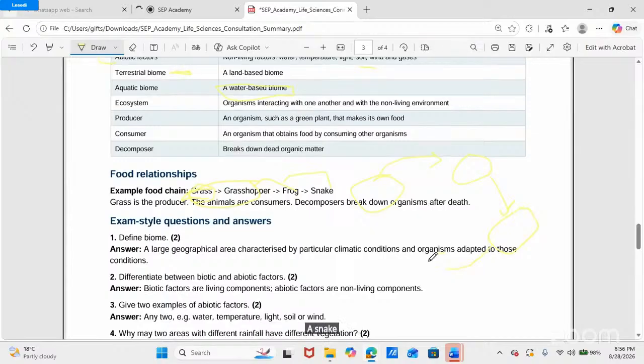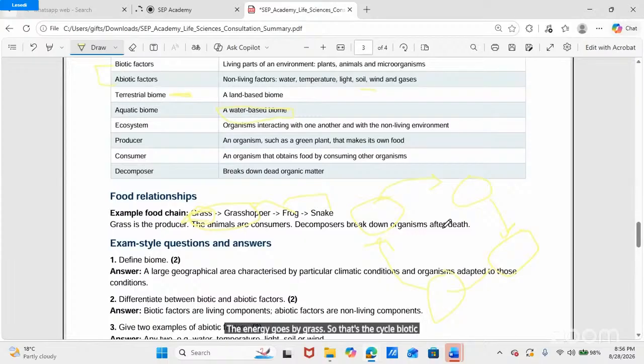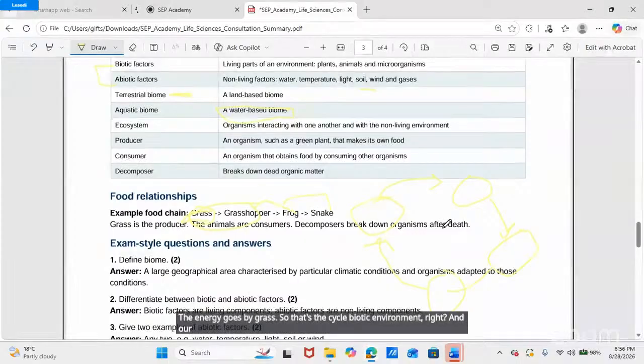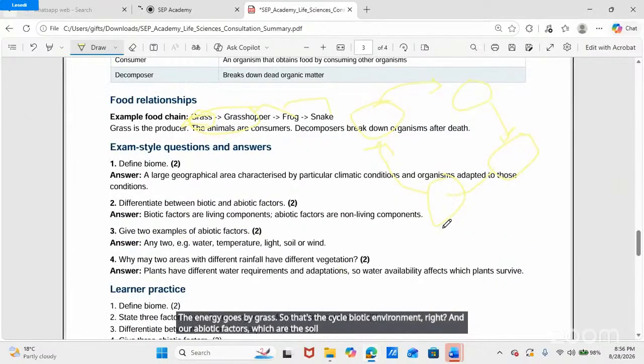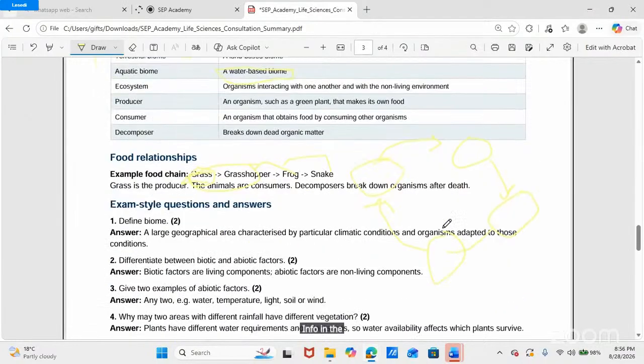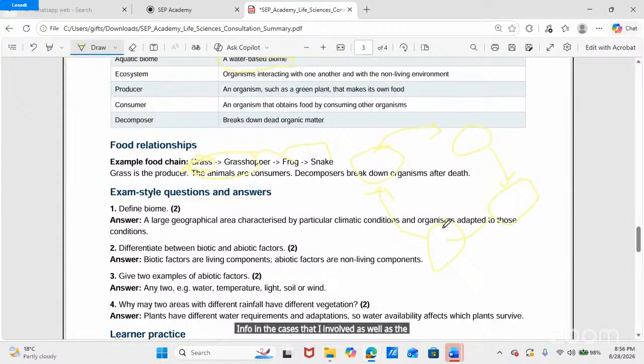After the snake dies, it goes back to the grass. The energy goes back to the grass. So that's the cycle of the biotic environment, and our abiotic factors are the soil, the gases involved, as well as the water and temperature.